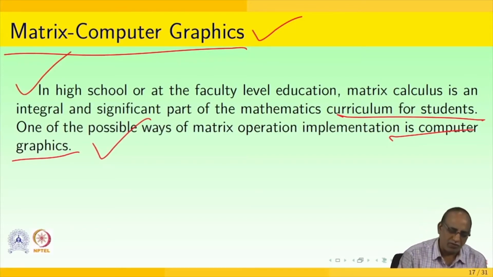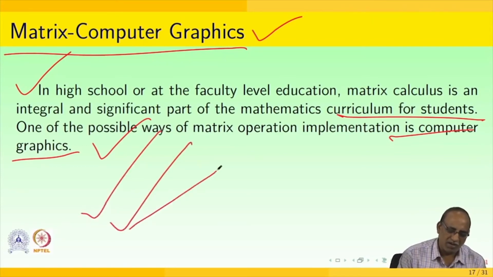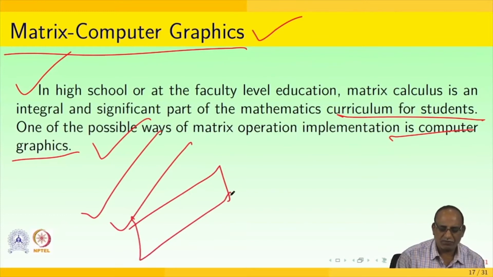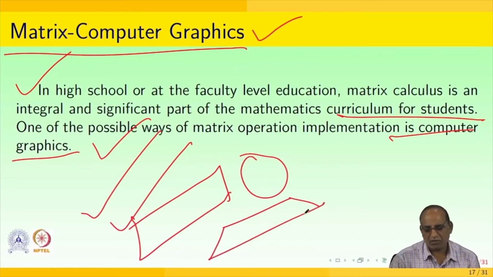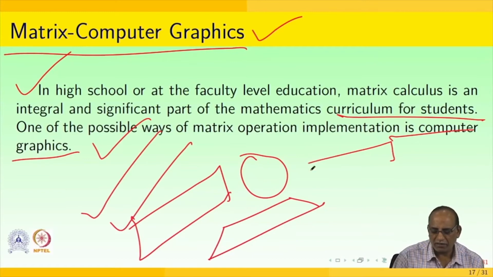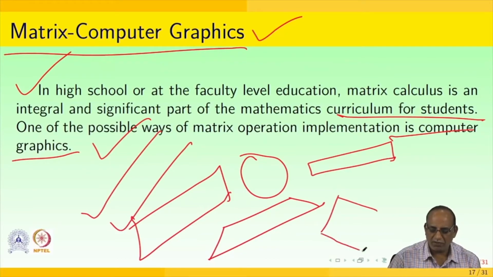So in computer graphics, what do we do? We have lines, we have polygons, we have circles, we have trapeziums, we have a rectangle, we have a diamond shape, rhombus, right?